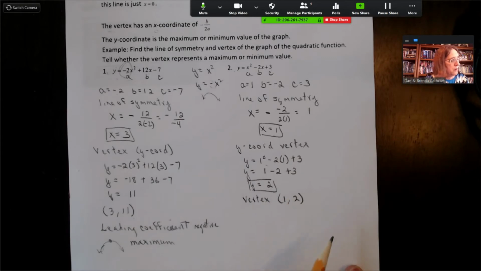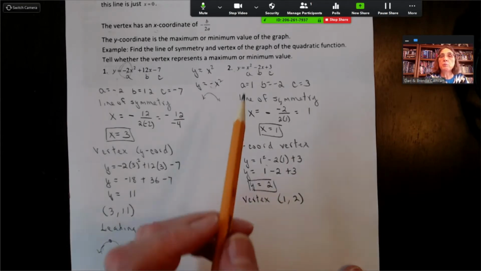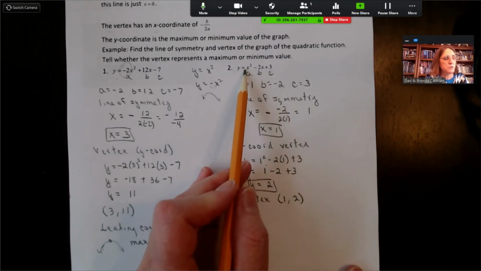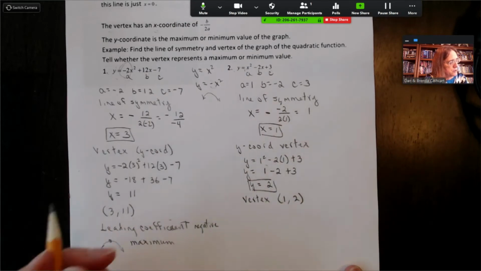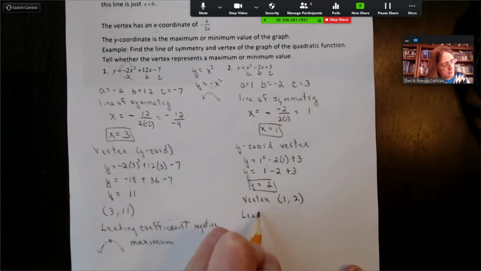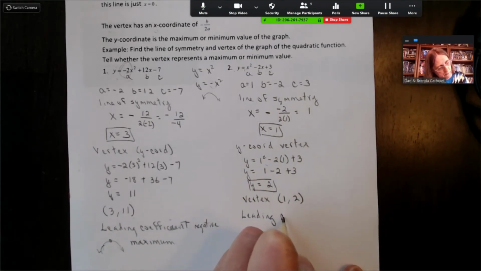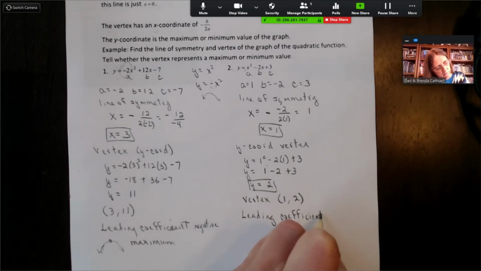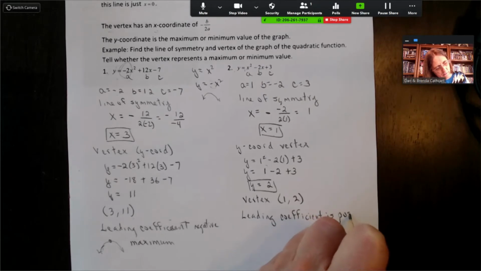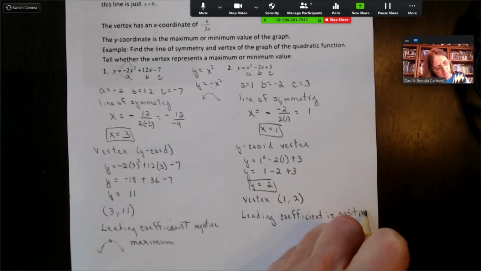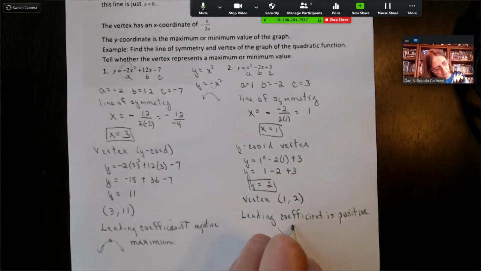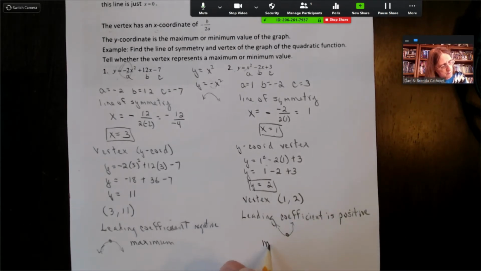Now, to tell whether or not this vertex is our maximum or minimum, I look at my leading coefficient. The leading coefficient is positive, it's 1. So the graph of this parabola would be facing upward, and our vertex is going to be a minimum.